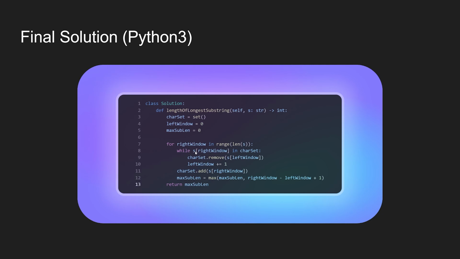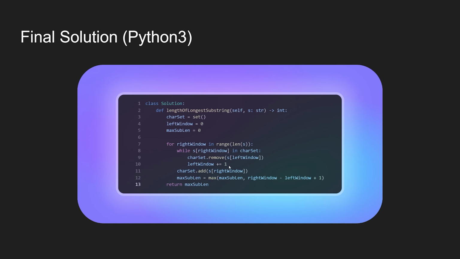So, while S at right window is in char set. This while loop is the condition that checks if the new character is already in the set. If it is, we remove the character on the left and increase the left window value.